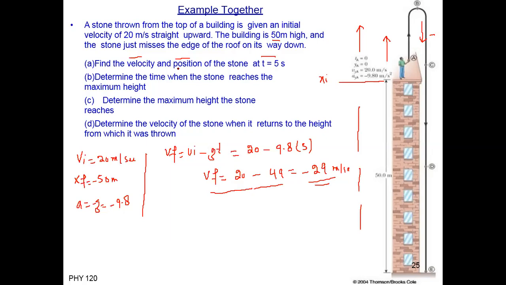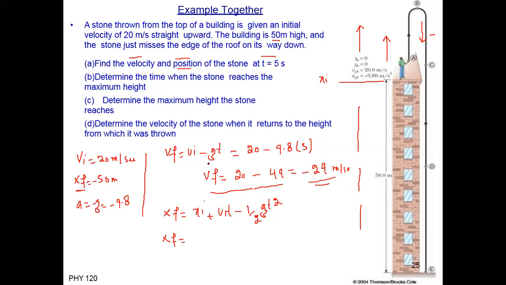How to find the position after 5 seconds? For position, we know that xf is equal to xi plus Vi t minus half g t squared.